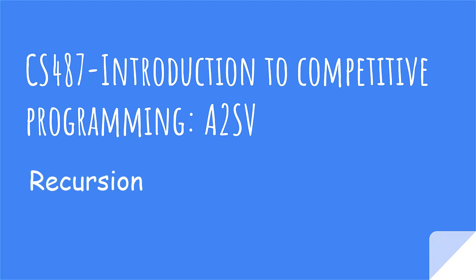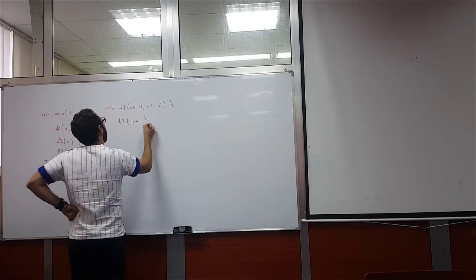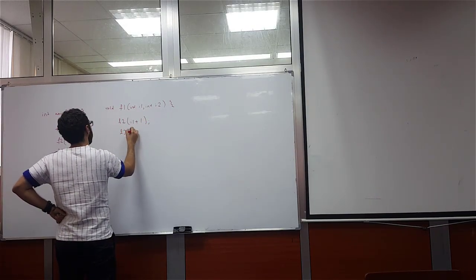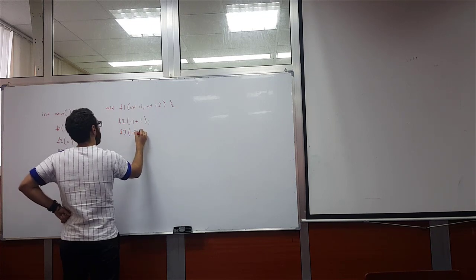Let's make it void. F1. And let's call F2. Let's also call F3 with E2 plus 1.